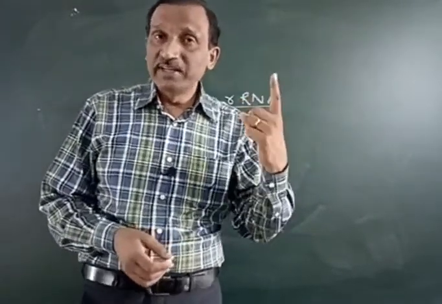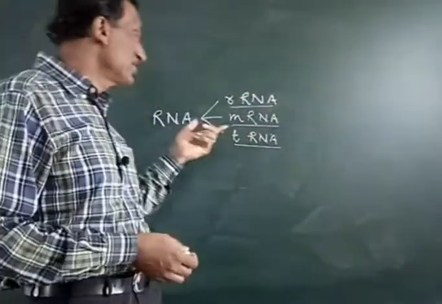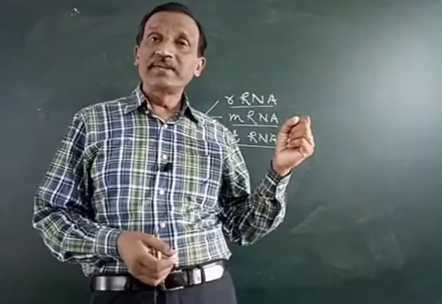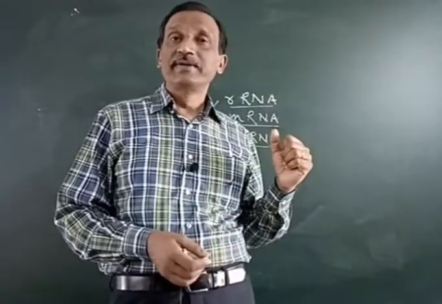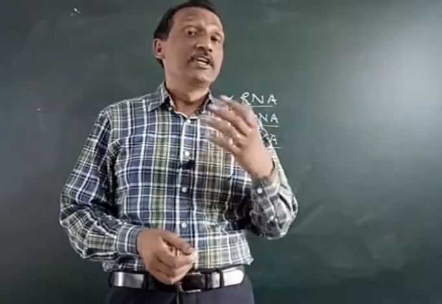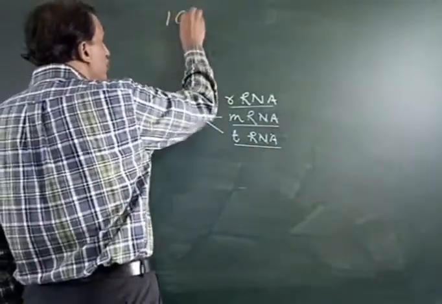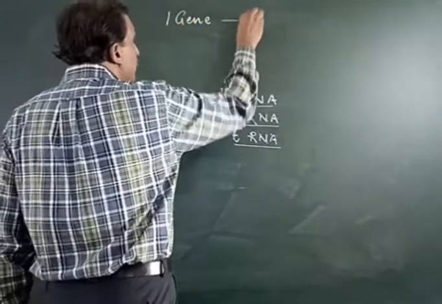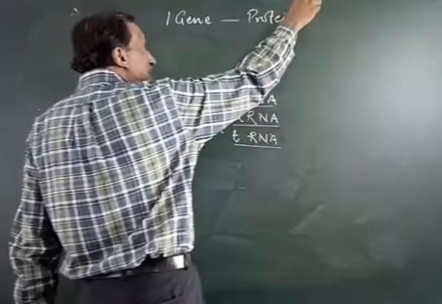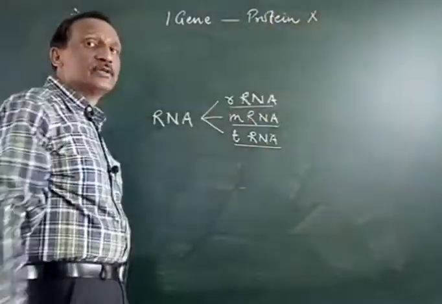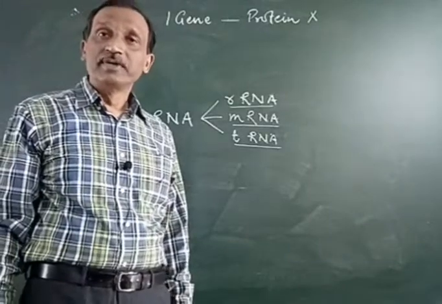So even in one molecule of hemoglobin, at least two mRNAs are required, because each polypeptide chain will be made by one RNA. So it may not be true that one gene produces one protein.